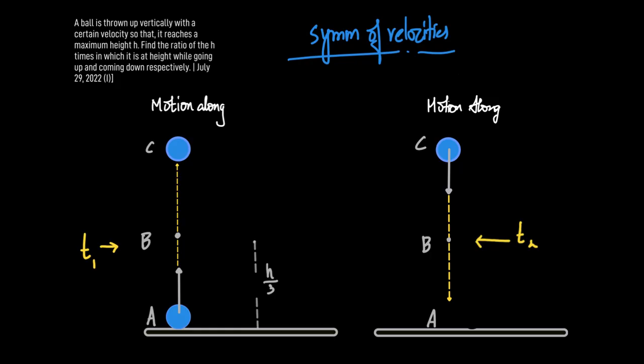Motion along AB and then to C, so motion along A to C through B. Then we have the corresponding motion downwards, which is motion along CA through B. And the body is in the same position B along the upward motion and the downward motion at two different times T1 and T2. We are trying to understand the velocities at T1 and T2.